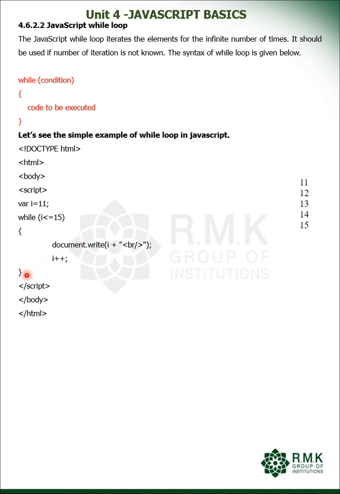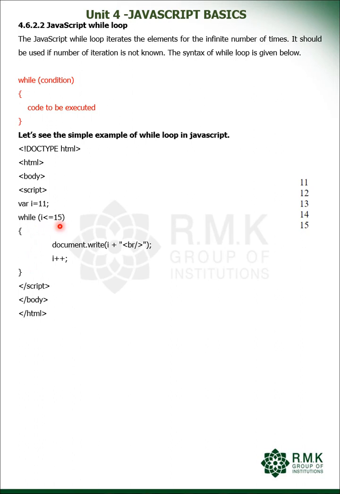After it displays 11, i is incremented to 12. Check the condition: the condition is less than or equal to 15. So 12 is displayed. Till it becomes 15, this particular statement is executed. When it becomes 16, the condition less than or equal to 15 is false. It will come out of the loop.